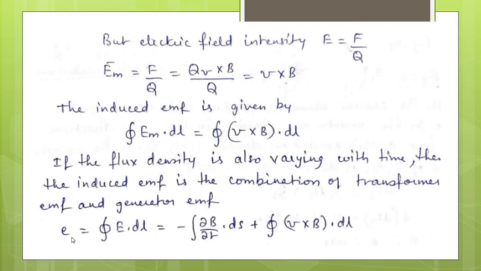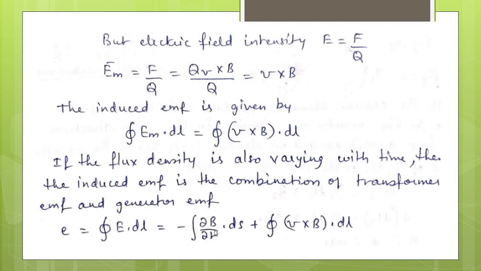Initially we considered that the magnetic field is stationary and the coil is rotated in order to generate the EMF. So we can write E is equal to closed line integral of E dot dl, adding the transformer EMF and the generator EMF. This is equal to minus integral of dou B by dou t dot ds plus closed integral of V cross B dot dl. This is the sum of the transformer EMF and the generator EMF.